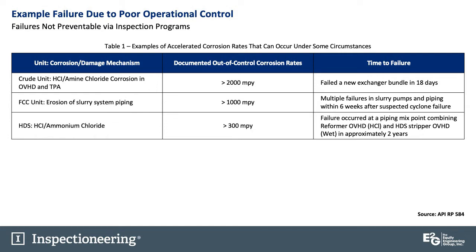This is a case where a routine IOW was not in place to check the chloride content of the stream leaving the reformer overhead. And they did have a chloride guard in that reformer overhead, but the absorbent was spent. And in fact, they had done some bypassing of that chloride guard bed in the months prior to this failure.